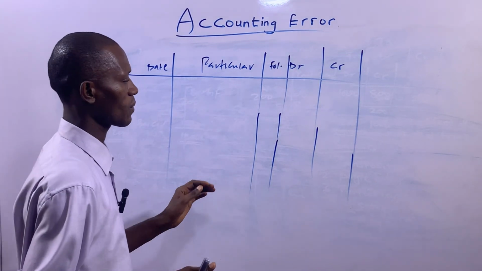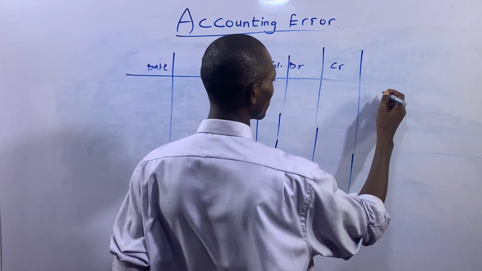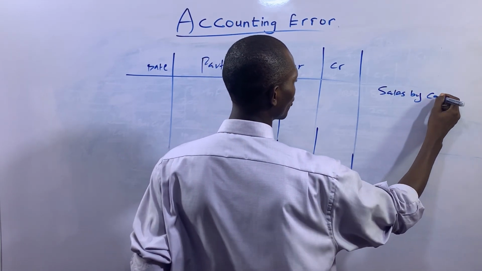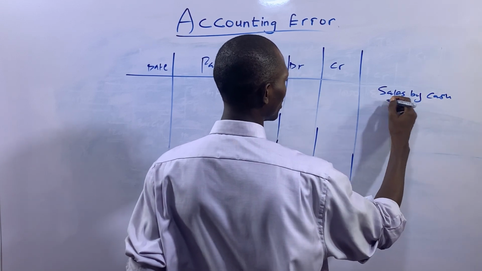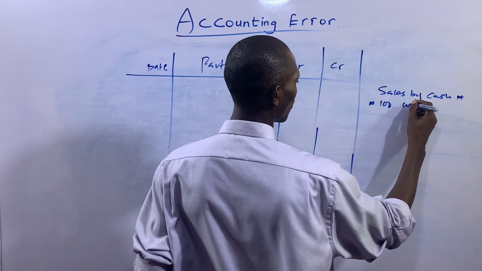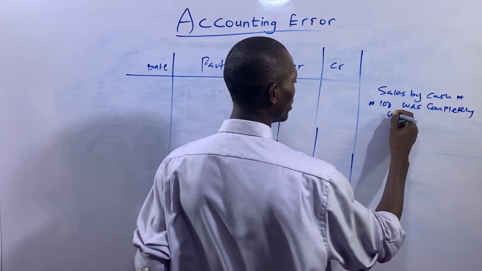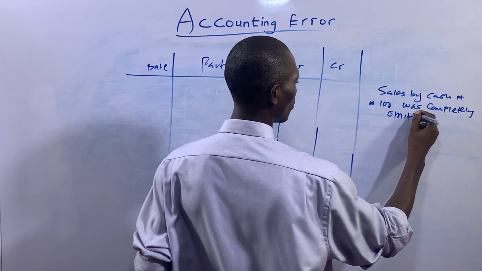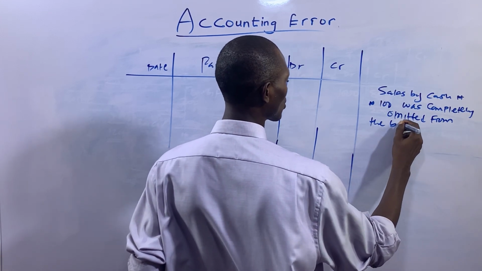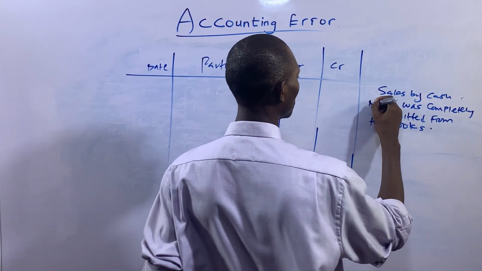Look at this. If, let's say, for example, sales by cash, 100 naira was completely omitted from the books.